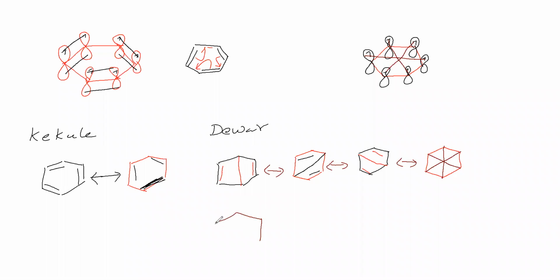Now we'll take this benzene cyclic ring. Each carbon is providing a 2p orbital. So one 2p orbital, second 2p orbital, third 2p orbital, fourth 2p orbital, next 2p orbital, next 2p orbital.